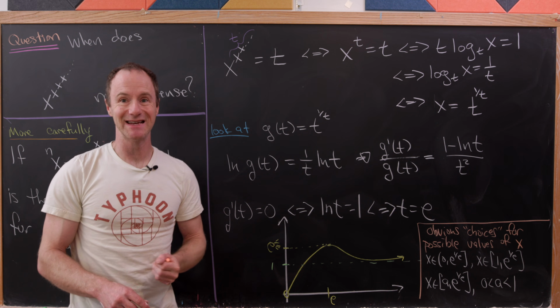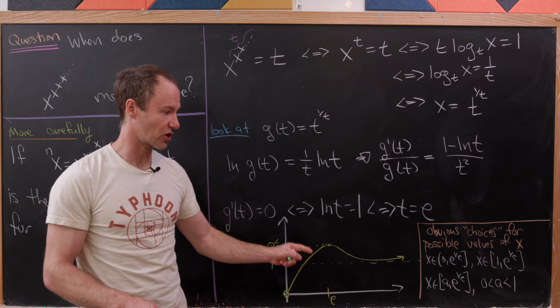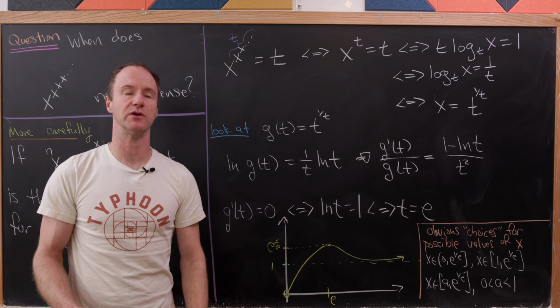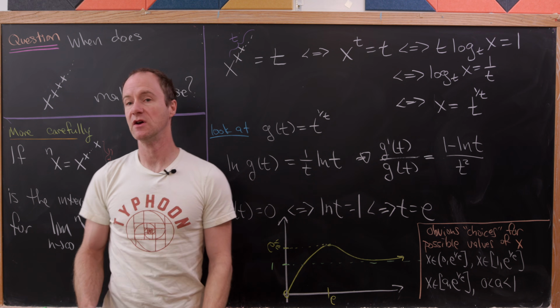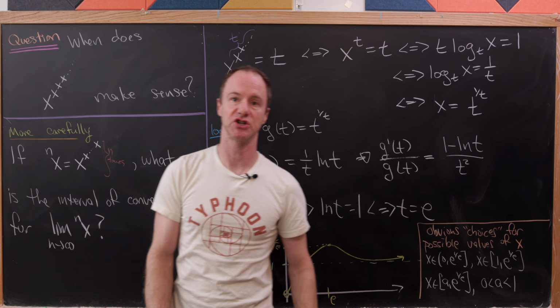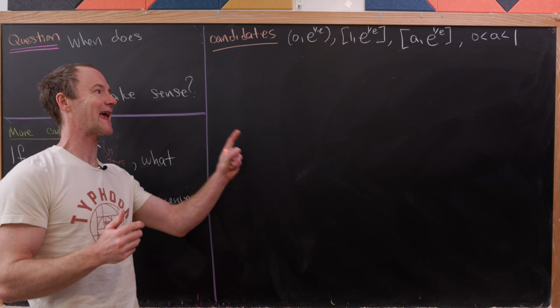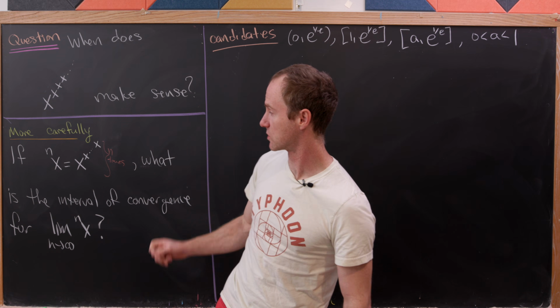Okay, so now let's continue our exploration to determine which of those possibilities is the actual value of the interval of convergence for our infinite tetration. Let's recall that we just motivated the following candidate intervals of convergence.